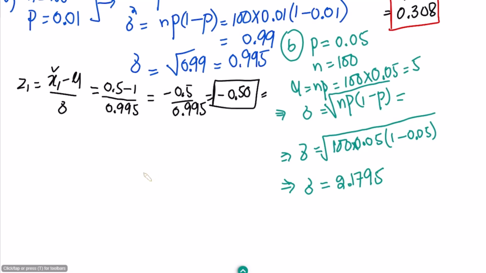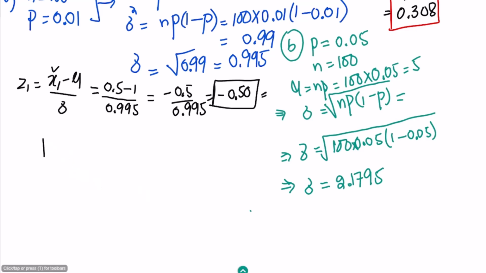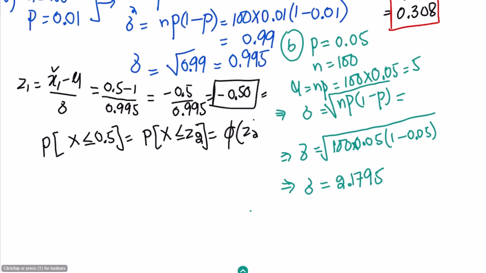Now again the problem is similar: we have to find the probability that x is less than or equal to 0.5, which has to be converted into z2. The value of z2 is different here, and it is again x2 minus mu divided by sigma.